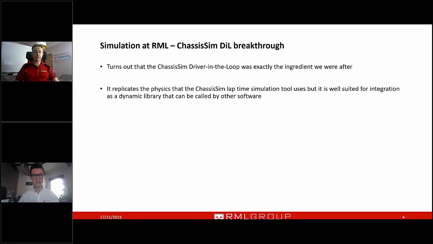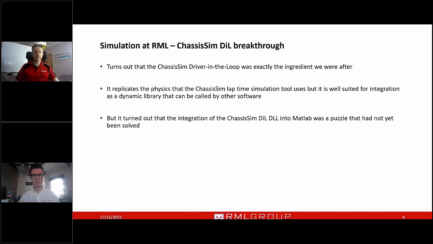But since it's a dynamic library, it means that it can be called by other software. So as Danny mentioned, we worked a lot towards cracking the puzzle of how do you integrate the ChassisSim driver-in-the-loop library into MATLAB, which turns out hadn't been done up until that point.